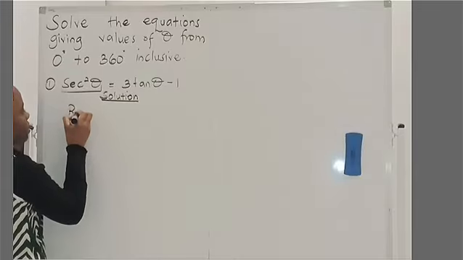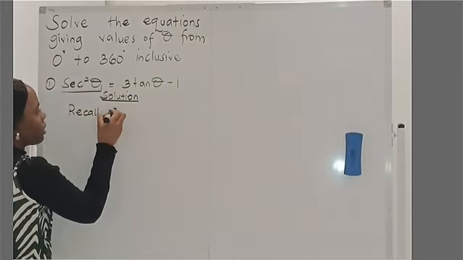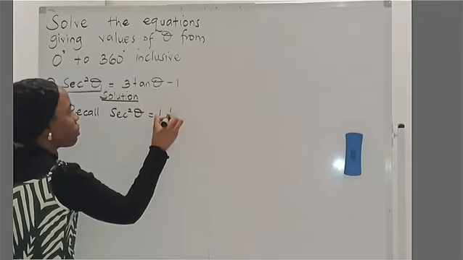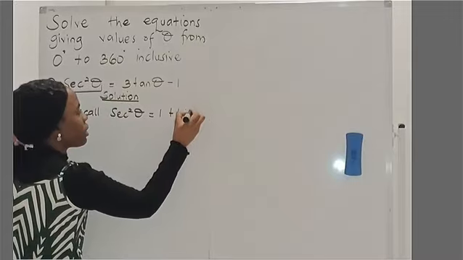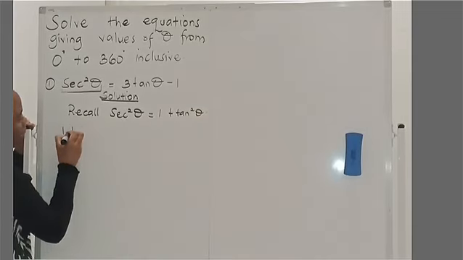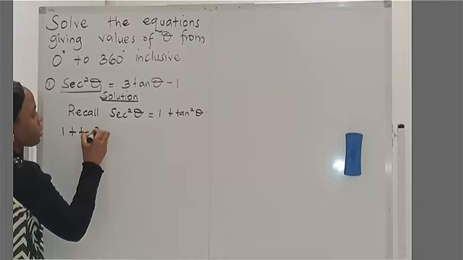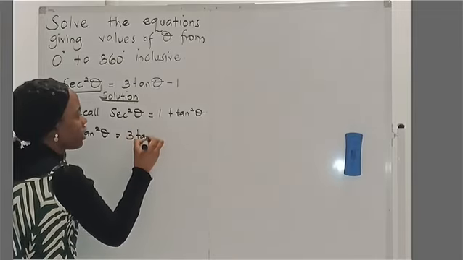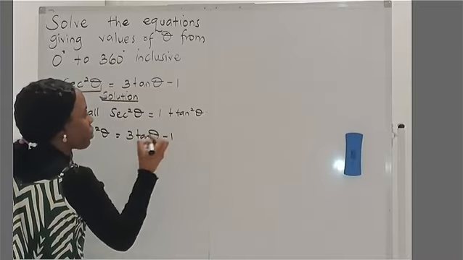We recall that sec squared theta is equal to 1 plus tan squared theta. So I will have 1 plus tan squared theta is equal to 3 tan theta minus 1.